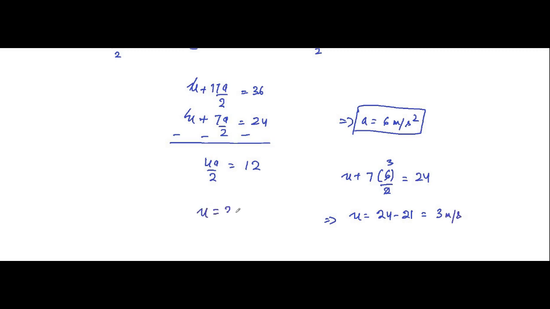So here the initial velocity is 3 meters per second. We were asked to find the acceleration and the initial velocity, and we determined it. Acceleration is 6 meters per second square, initial velocity is 3 meters per second.